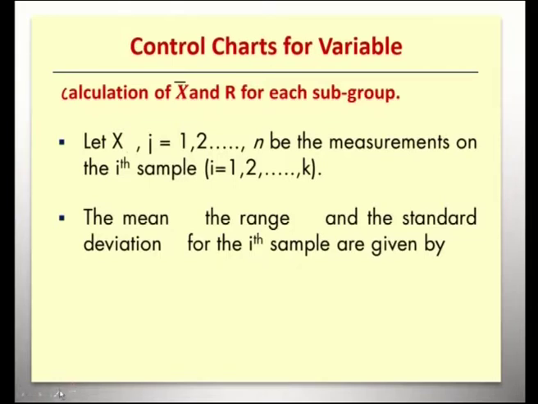Let Xij, j equal to 1, 2, 3 up to n, be the measurements of the ith sample, i equal to 1, 2, 3 up to k.